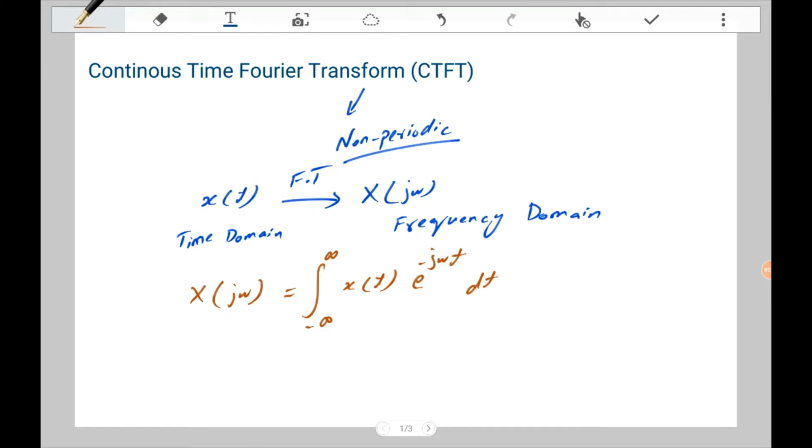We can also convert our signal which was in frequency domain to time domain.